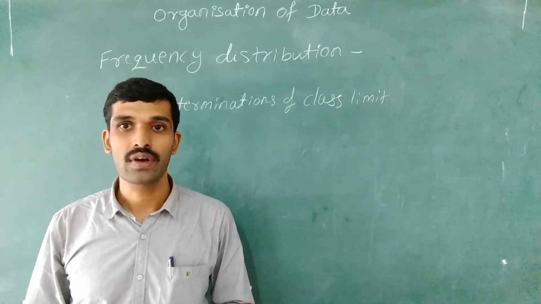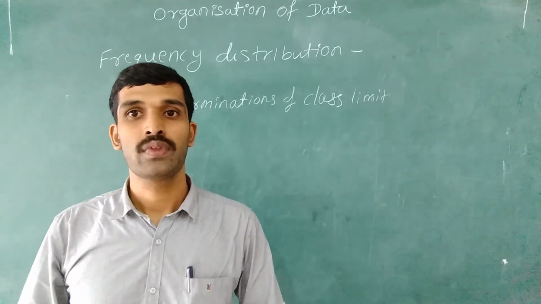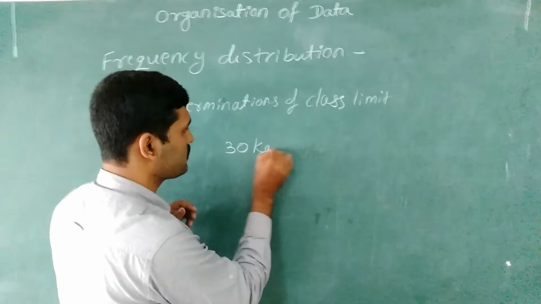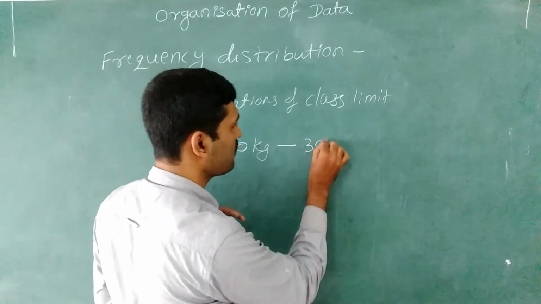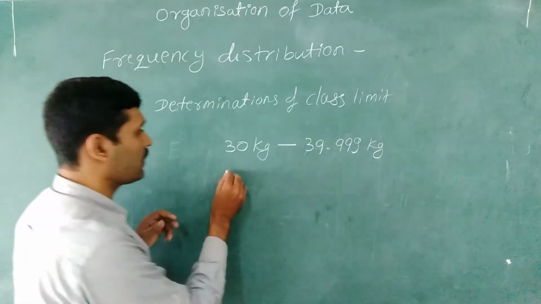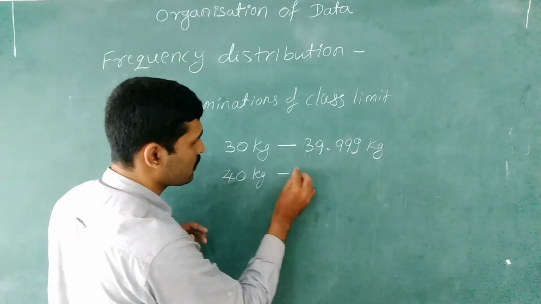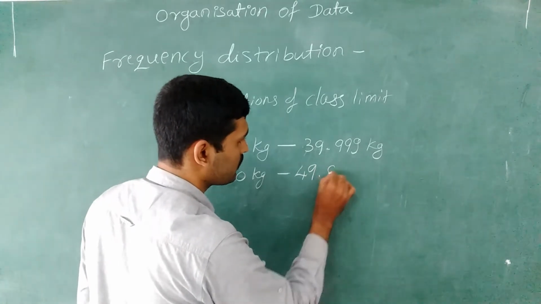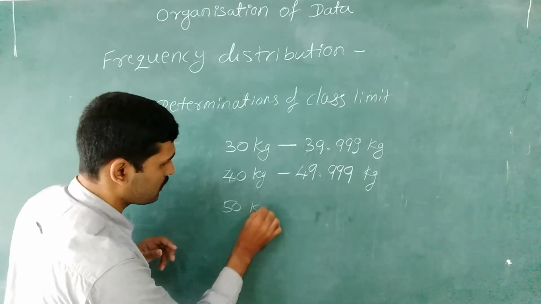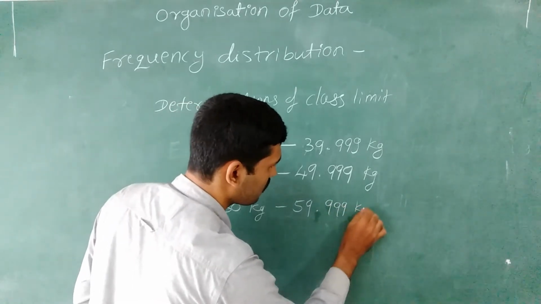In the case of continuous variables like height and weight, intervals may be defined as 30 kg to 39.999 kg, 40 kg to 49.999 kg, 50 kg to 59.999 kg.